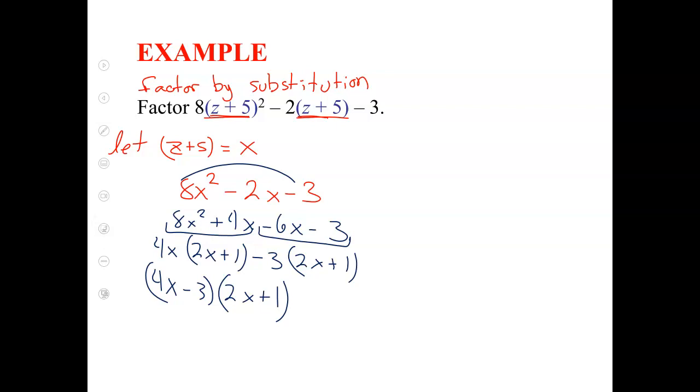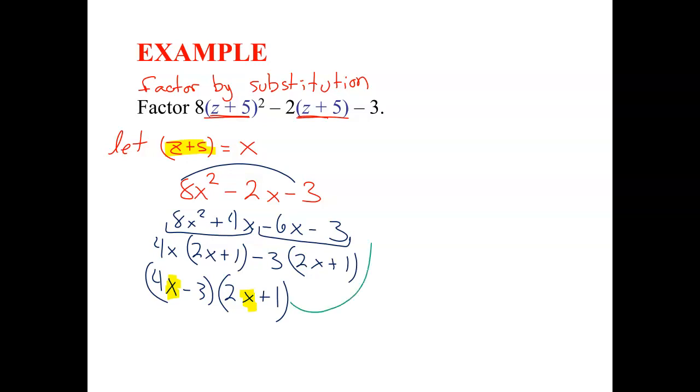Now that it's factored, we're going to plug it back in. The thing we substituted, plug it back in for x so that we end up back with our original variable, original equation. And then we'll just expand and simplify, okay? Since we've got multiplication, we'll have to distribute, and then we'll have to combine like terms afterwards, all right?